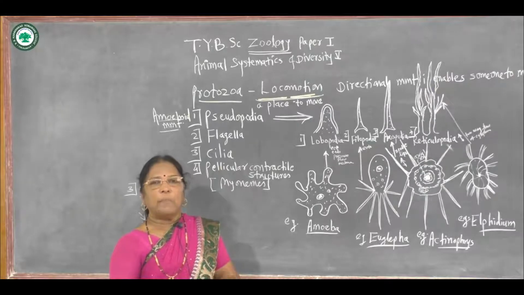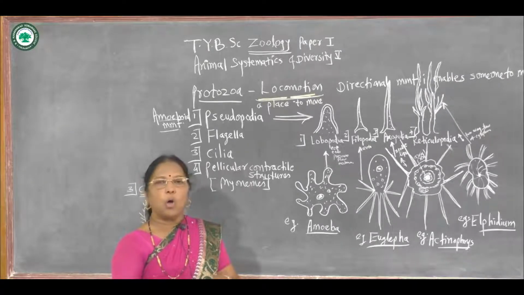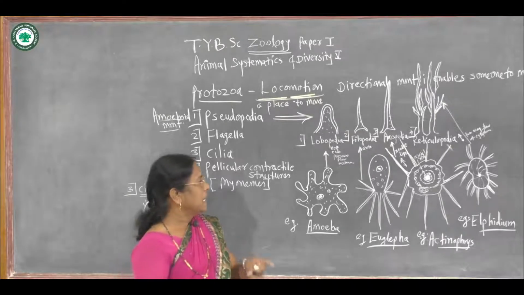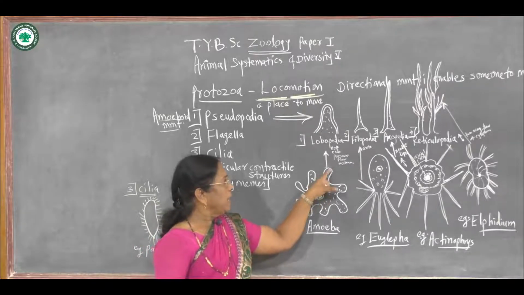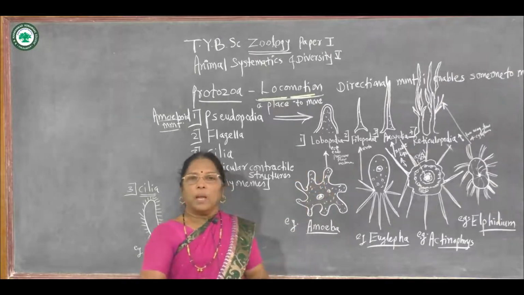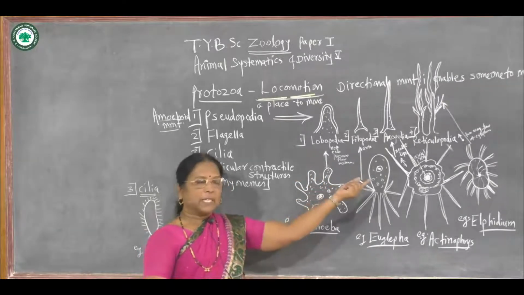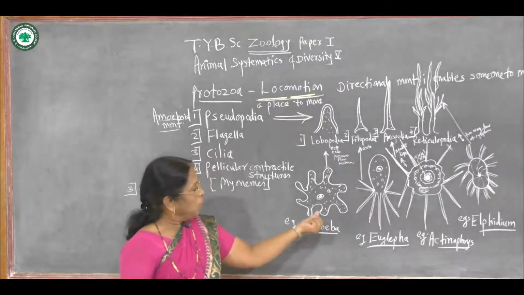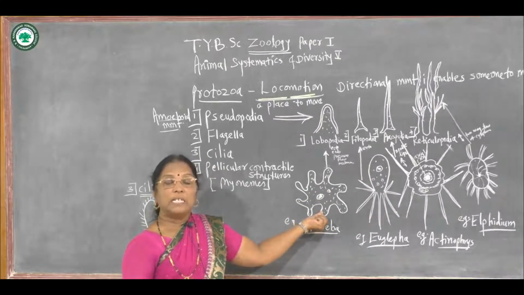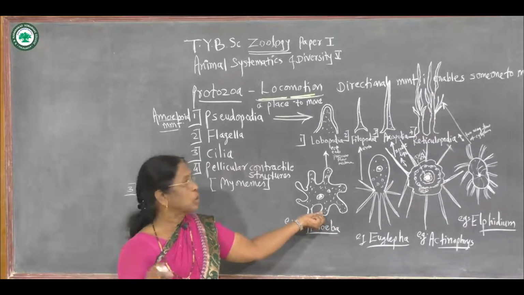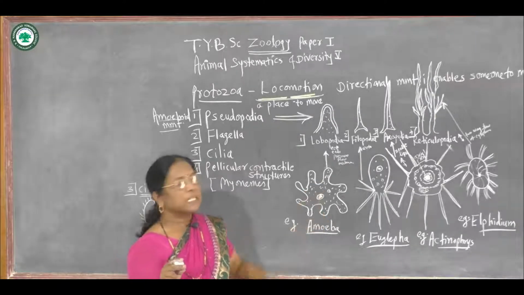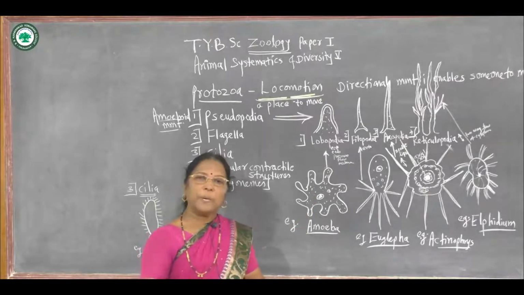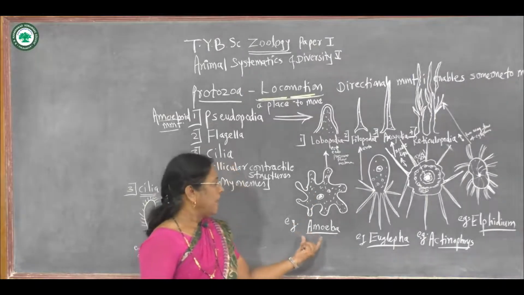While the animal wants to locomote or move from one place to another, at that time the pseudopodium is formed in the front direction, and in the opposite direction the pseudopodia gradually disappear. Means they are temporary locomotor organelles or false feet of the animal.